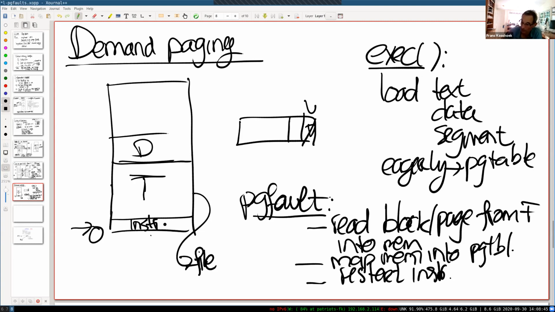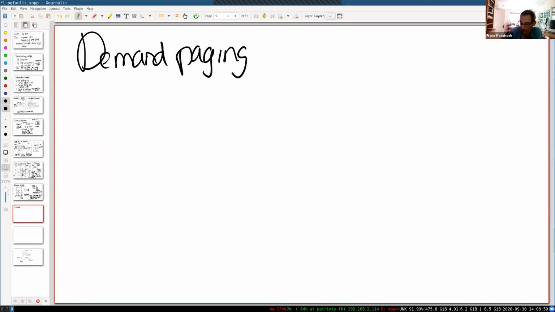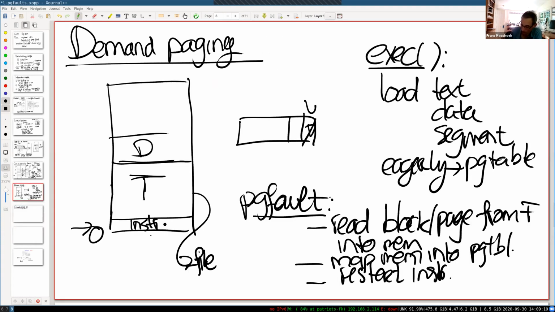Okay, then there's a slight extension to demand paging. This is the second part of demand paging. There's a little bit of a problem here that we haven't really discussed.